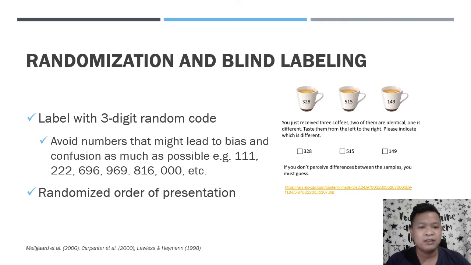And sometimes we use maybe 1 or 2 random codes per sample, because using a totally randomized code for each person and for each sample would result in a very, very messy score sheet when it's time for checking.